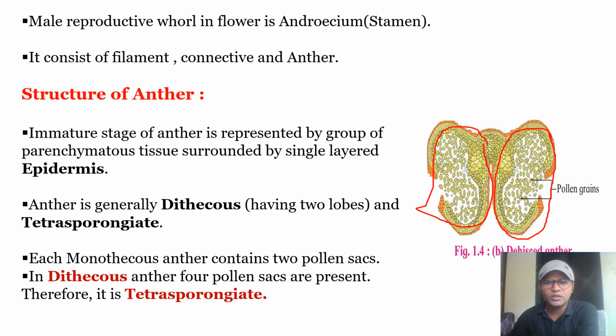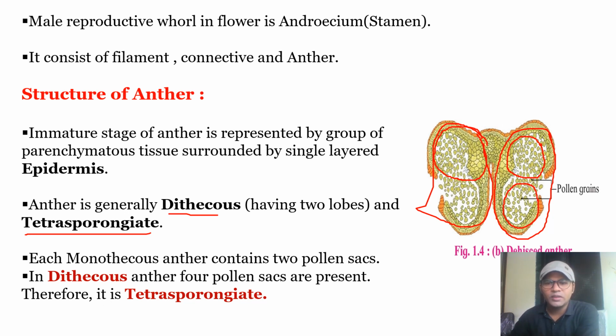Such anther is said to be dithecous, and in each lobe it shows two pollen sacs, and hence total 4 pollen sacs in dithecous anther, and hence it is said to be tetrasporangiate.